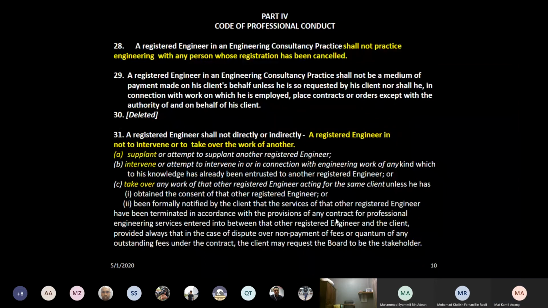Kedua, have been formally notified by the client that the services of that registered engineer have been terminated. Second condition that you can ambil alih tugas other registered engineer is apabila client tu dah inform you that that particular engineer has been terminated. Then you can.